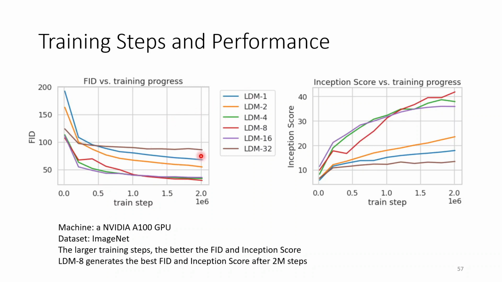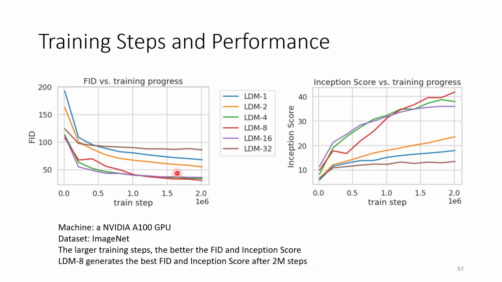So let's see, the blue one is FS1, the orange one is FS2, the green one is FS4, and the red one is FS8. The purple one is FS16, and the brown one is FS32.